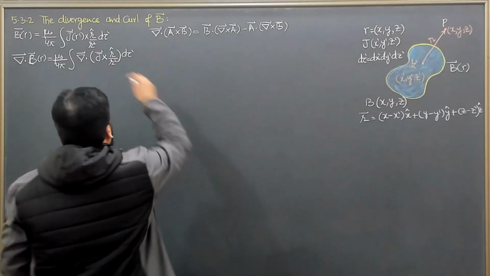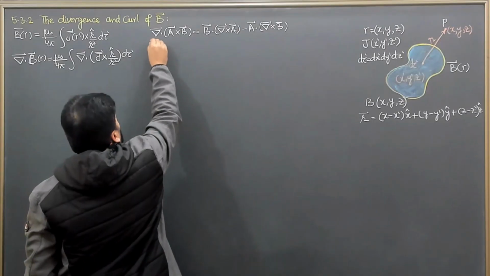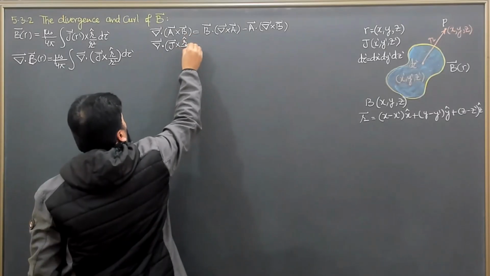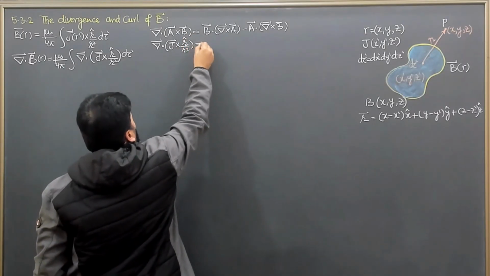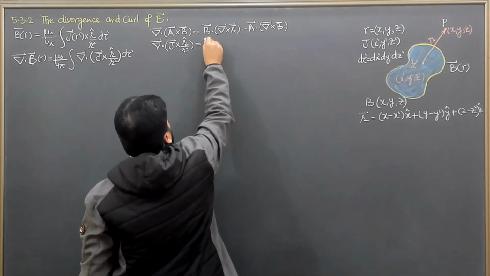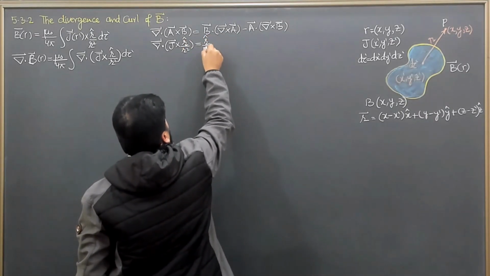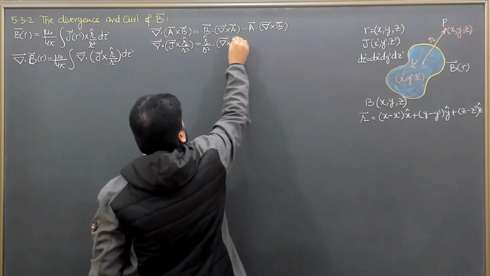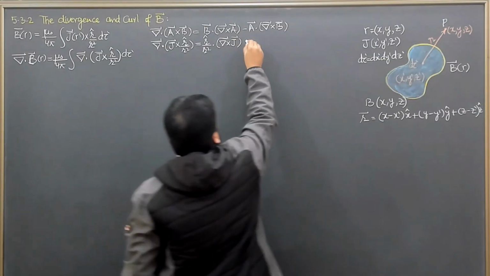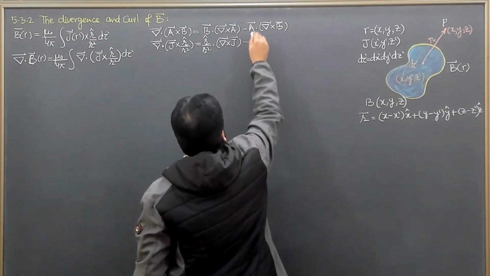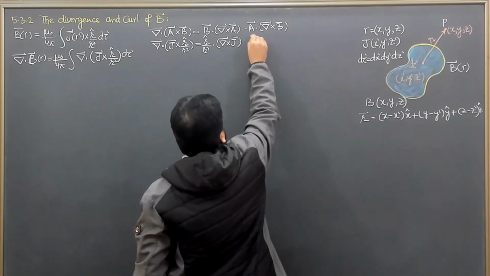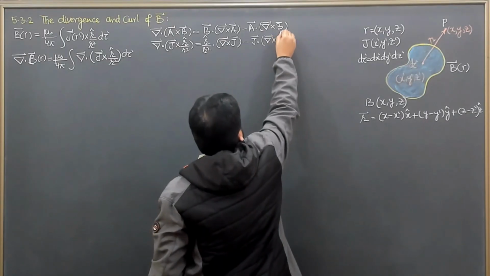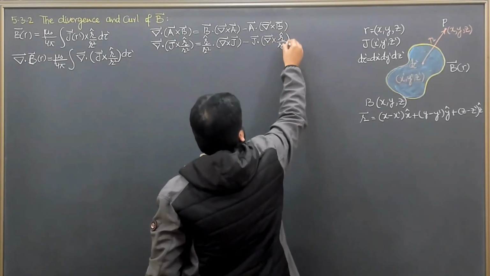Now for our case, let me write del dot J cross r over r squared. Here B is r unit vector over r squared, so we have r over r squared dot del cross J, minus A, which is J dot del cross r over r squared.